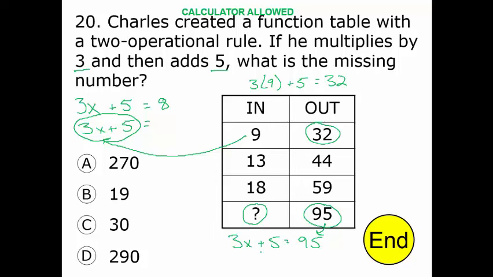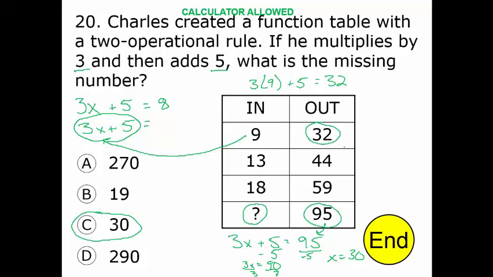So how do I solve an algebra problem like this? I subtract 5 from both sides, giving me 3x equals 90. Divide both sides by 3, and I'm going to get x equals 30. In other words, 30 goes in here. My choice is C.